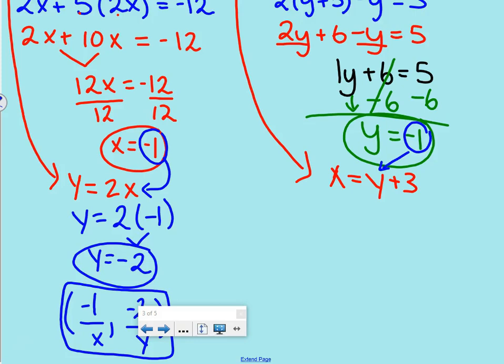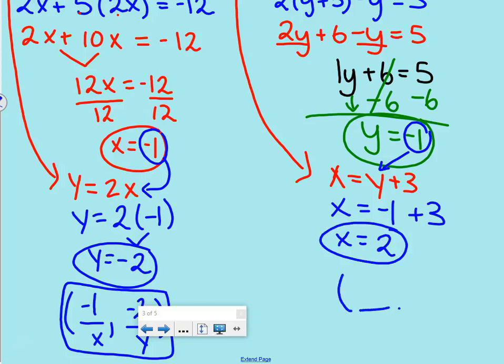Negative 1 is coming onto the playing field and y is leaving the playing field. So when we make that replacement, y is no longer there, but negative 1 is taking its place. x equals negative 1 plus 3, which is 2. Write your answer as an ordered pair. It's got to be an ordered pair. x is 2, y is negative 1.